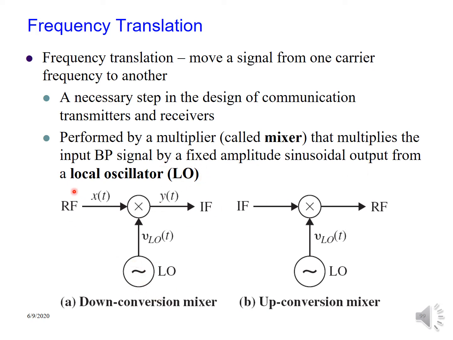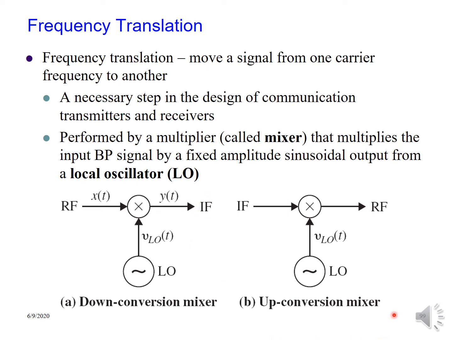So this is the incoming RF signal, and then we have a mixer here, and this local oscillator will give a sinusoidal output. This one we call a down conversion mixer. From the high frequency RF, we multiply with an LO to get the intermediate frequency, which is the low frequency IF.